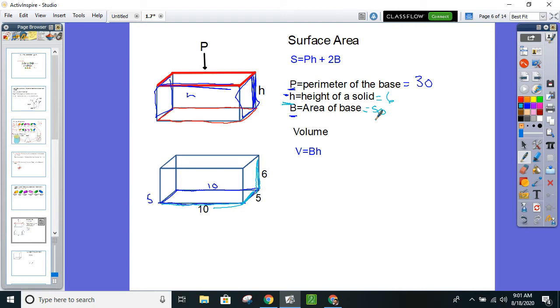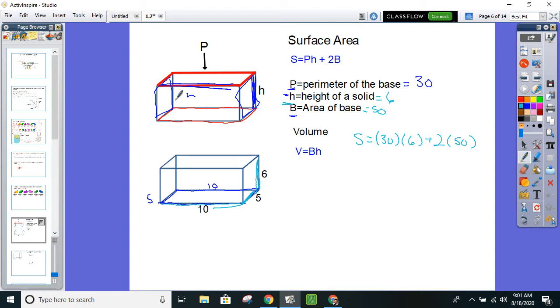All right, now we've got all the parts we need: our base, our height, and our perimeter. Now let's find the surface area. Surface area equals our perimeter, 30, times our height, 6, plus 2 times the base area, which is 50. Before we do this, I want to explain a little more.